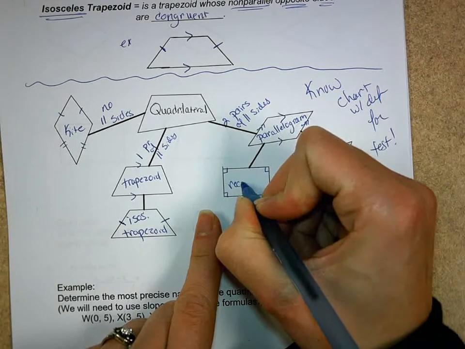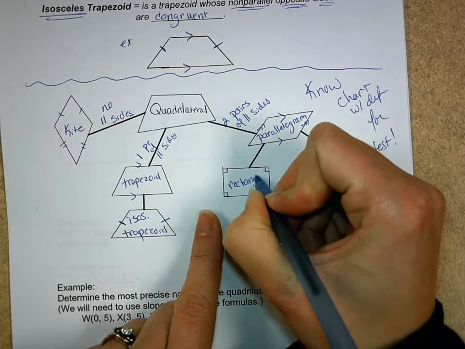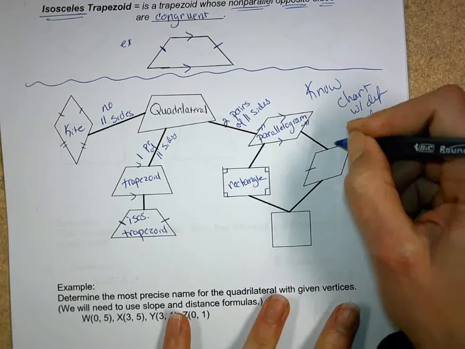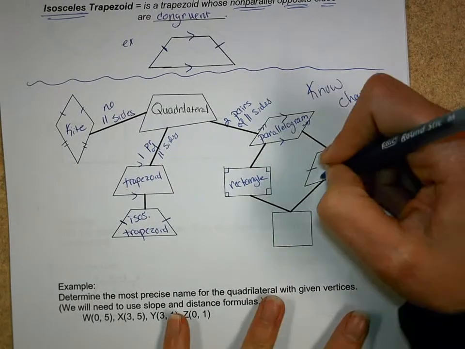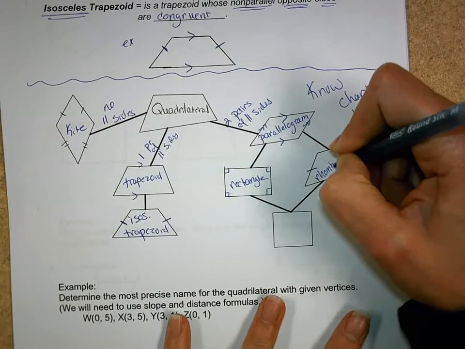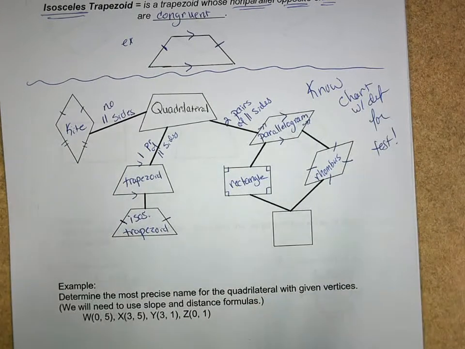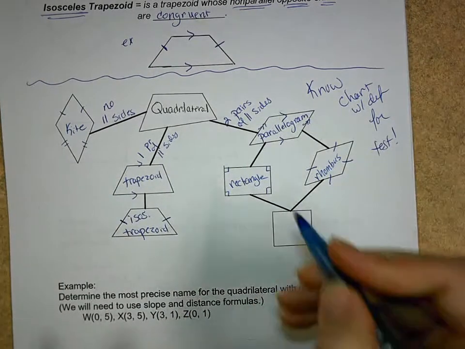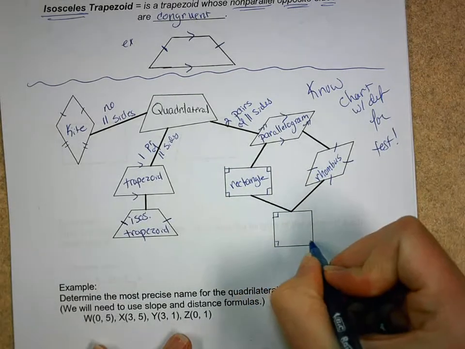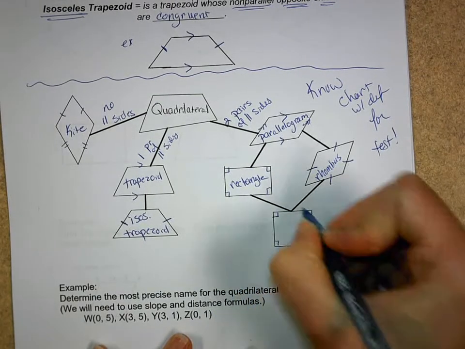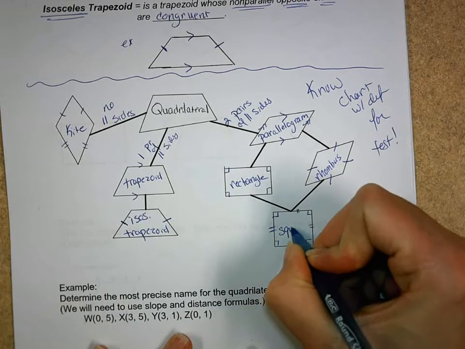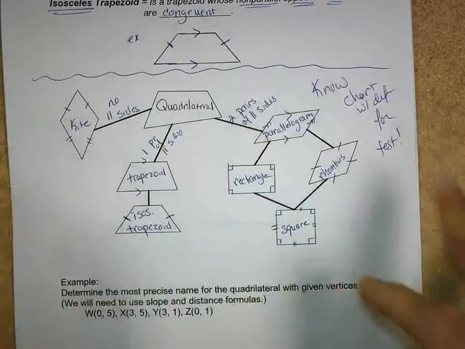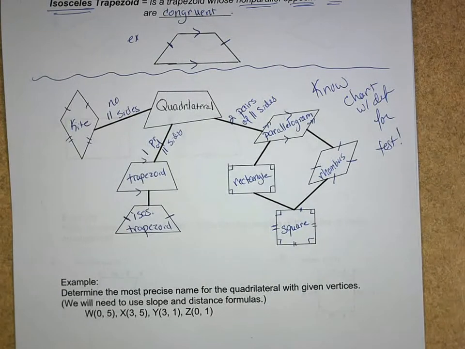A rectangle. And then we have our side over here, our figure with four congruent sides, which is going to be our rhombus. And if I put the rhombus and the rectangle together, what do we make? That's right, we're making a square. So it shows you how these are being formed. It gives you a graphical way of organizing it.